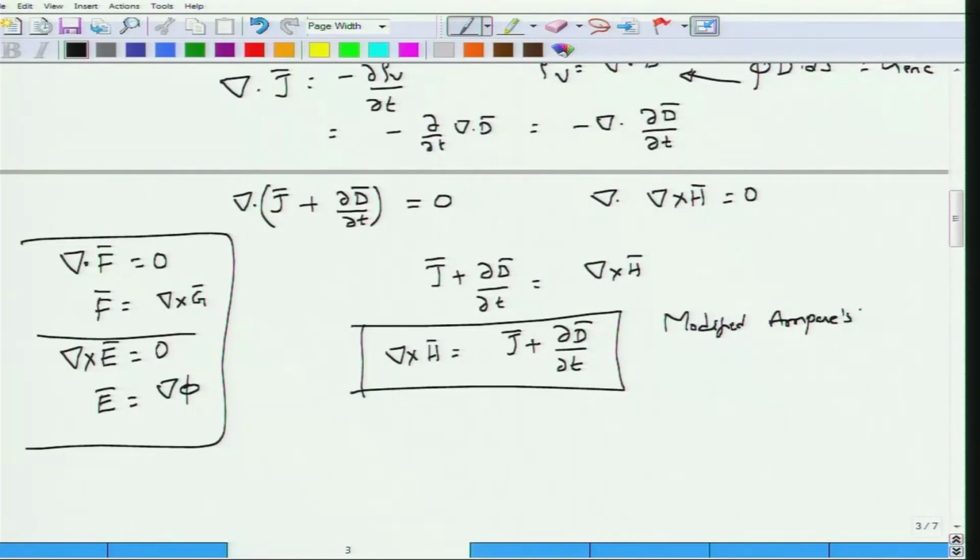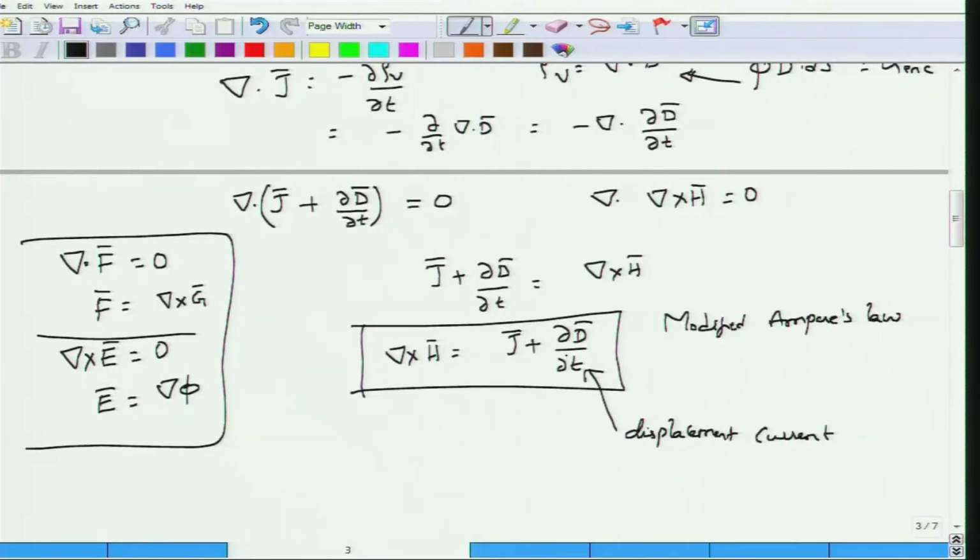What has been modified here? What has been modified is this addition of a term del D by del t, and this is called displacement current. The reason why this is called displacement is because D is called displacement vector. In earlier Maxwell's time, D was called displacement vector, and this del D by del t performs exactly the same function as the regular current density would do, right.